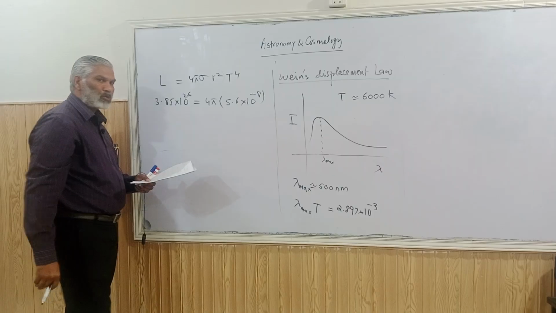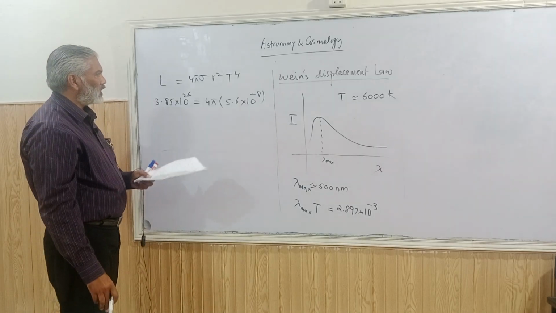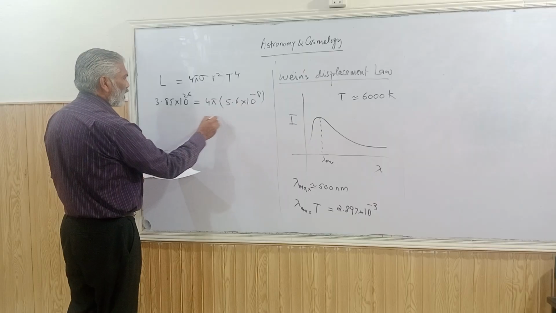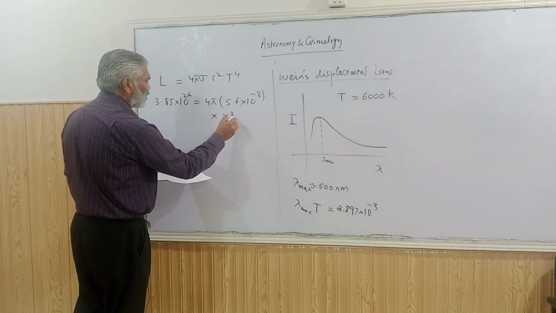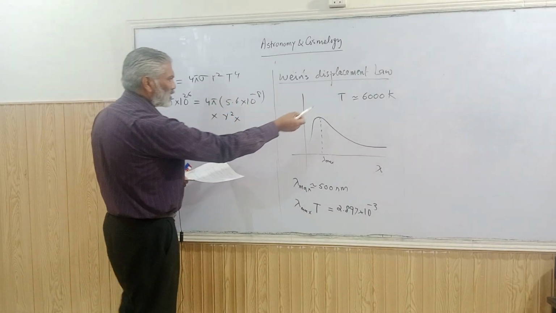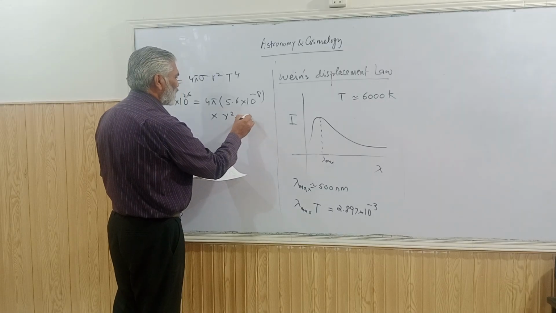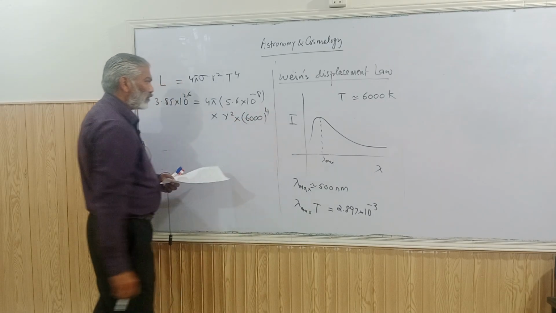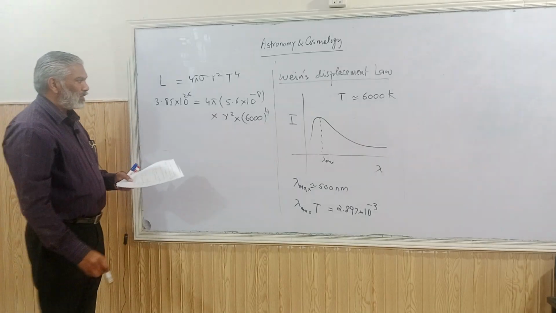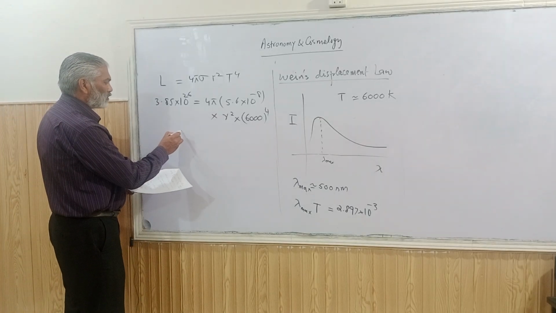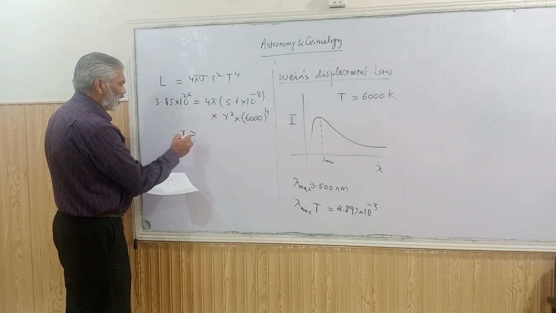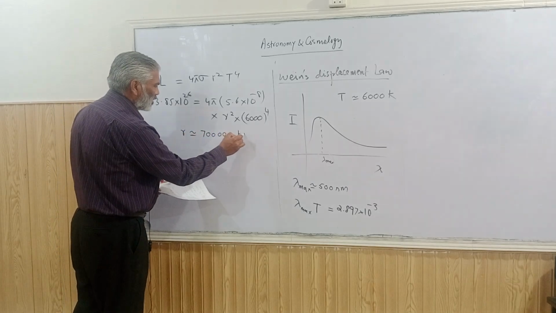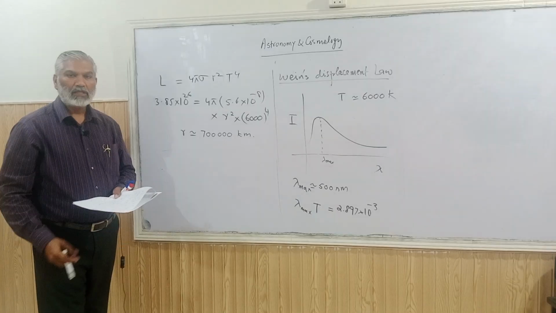This will of course be given in the formula sheet. r square is to be found, and the surface temperature of the sun is 6000 Kelvin, raised to the power 4. If I simplify this all, it should come out to be nearly 700,000 kilometer, which is the radius of the sun.